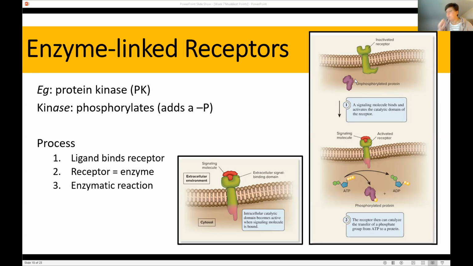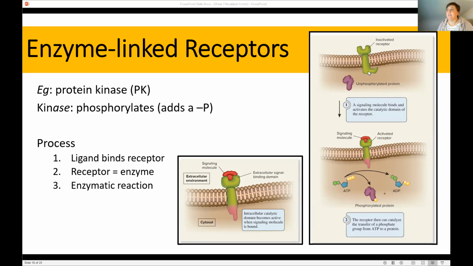But what you need to know here is that lots of enzymes and lots of proteins are essentially turned on, like their function is turned on, by having a phosphate group added to them. So how you can kind of think about that is that whatever this protein is, if it's unphosphorylated, functionally, it's off. So if we want to use that enzyme, we need to turn it on.